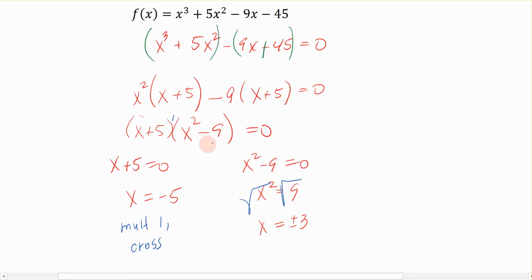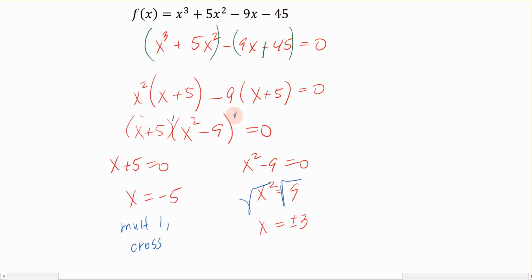Now let's go back and look at this factor. Although this is a squared term on the inside, the actual multiplicity of this factor is 1. So this whole thing is really raised to just the first power. And that's what you need to be concentrating on.